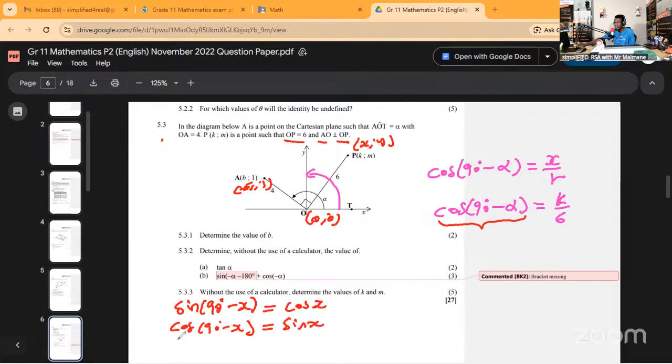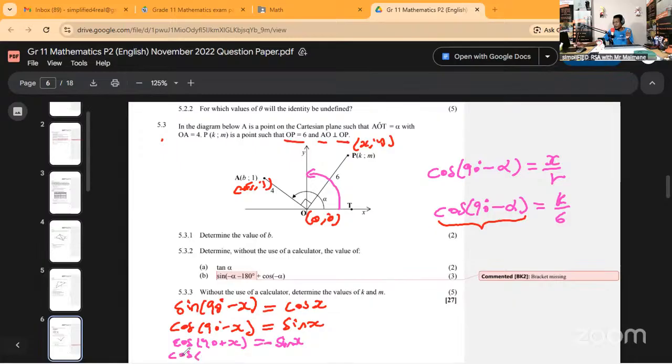If you have cos of 90 degrees plus x, it was supposed to become positive sine x, but because in the second quadrant cos is negative, it's going to be minus sine x.